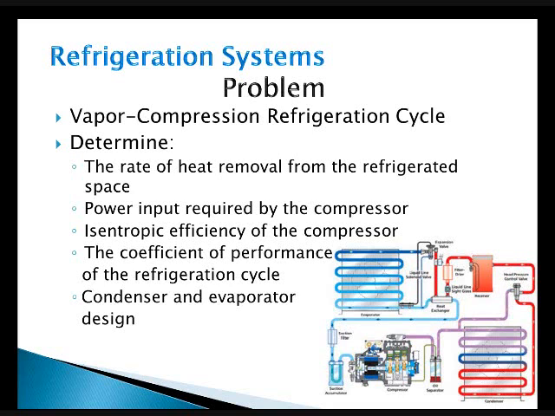Things we're normally looking for are the heat removal from the refrigerated space, power requirement, efficiency, and that sort of stuff. So we look at a simple video next that shows how you can put together this example.